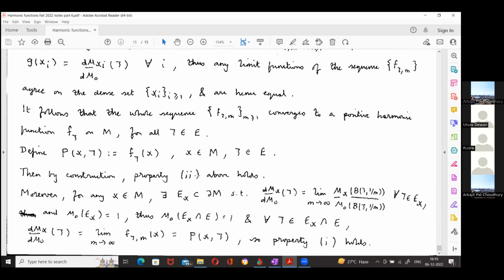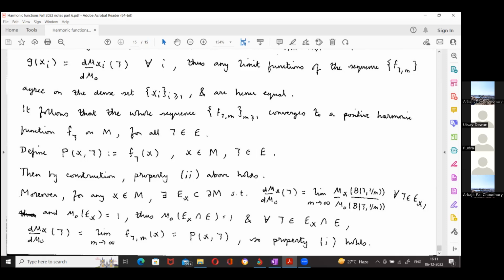Now, what about property 1? This p of xi should equal the Radon-Nikodym derivative d mu x d mu naught for almost all xi. So let's look at what happens. If I take any x in M, then I have a full measure set E sub x in boundary M, by the Lebesgue differentiation theorem, such that d mu x d mu naught of xi is equal to the limit as m tends to infinity of mu x of b xi 1 over m divided by mu naught of b xi 1 over m.